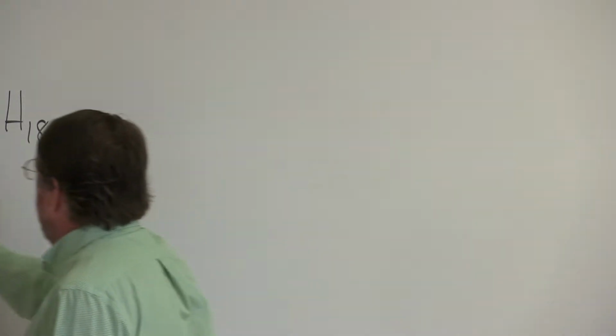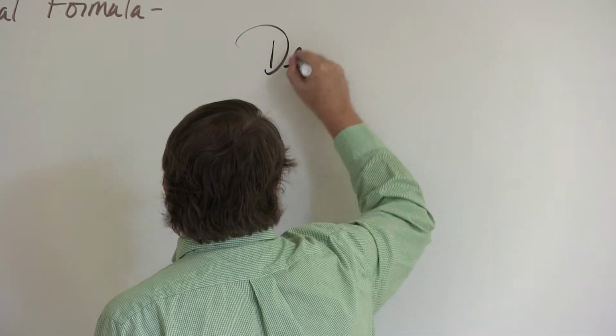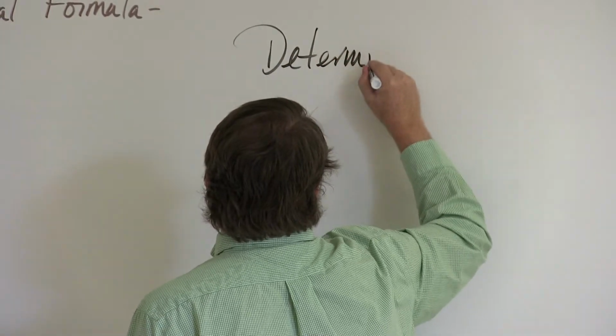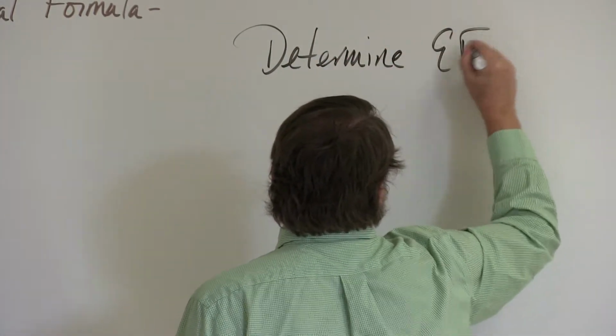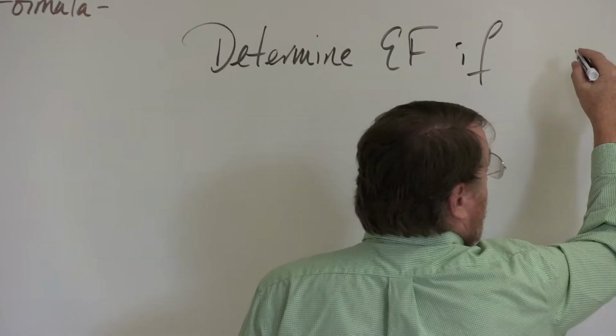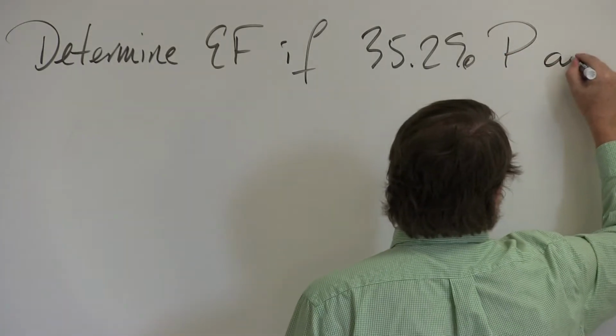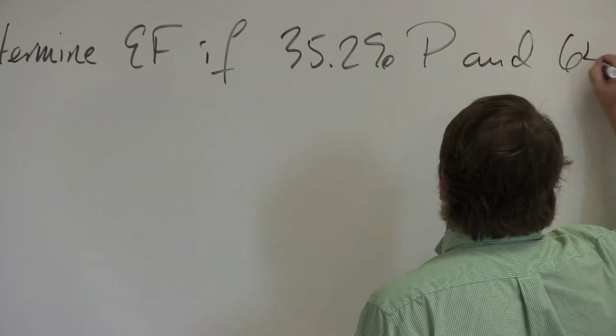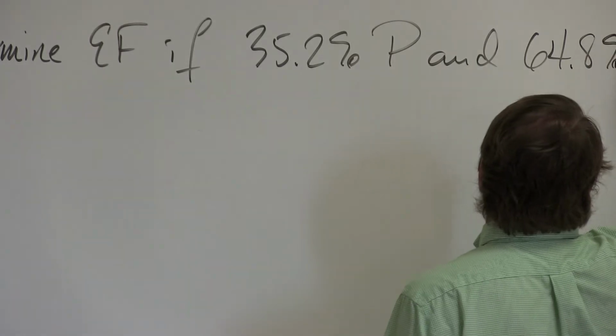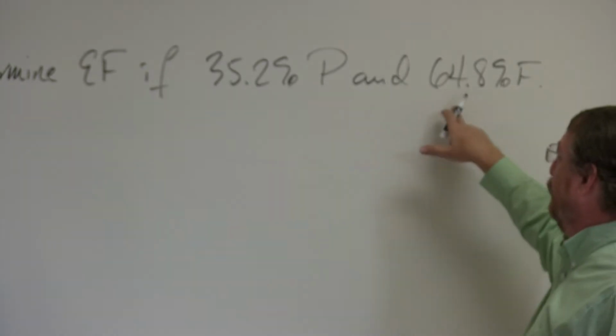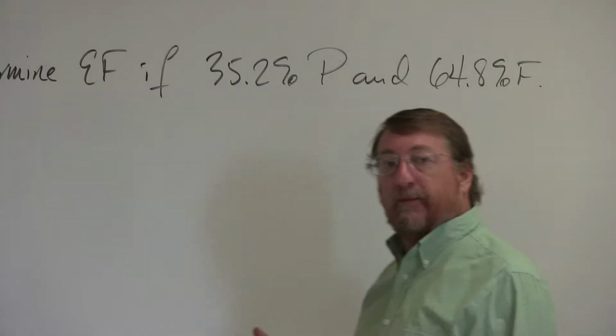First one we're going to do is a mixture of phosphorus and fluorine. So we're going to determine the EF if we have 35.2% phosphorus and 64.8% fluorine. So that's what we're going to do. We're going to take 35.2% phosphorus, 64.8% fluorine, and determine the empirical formula.